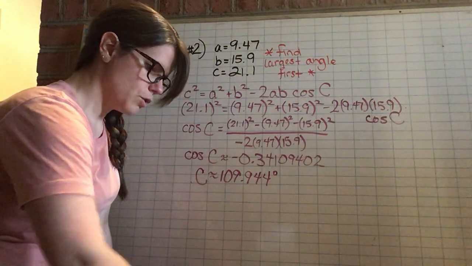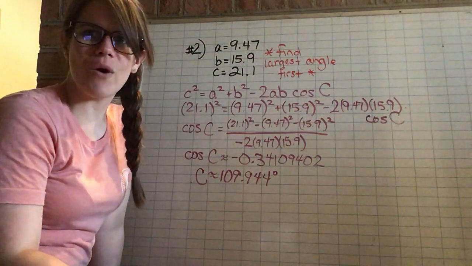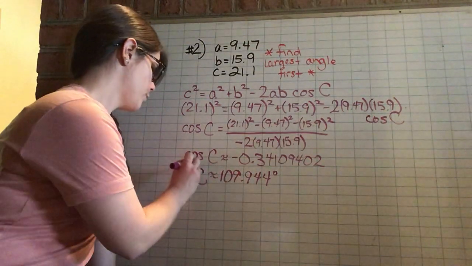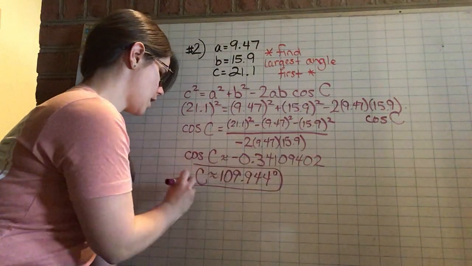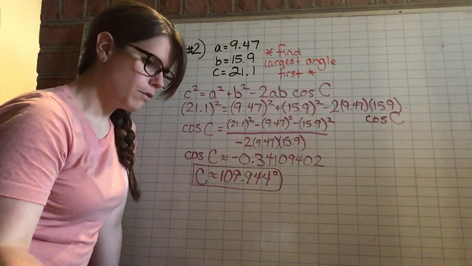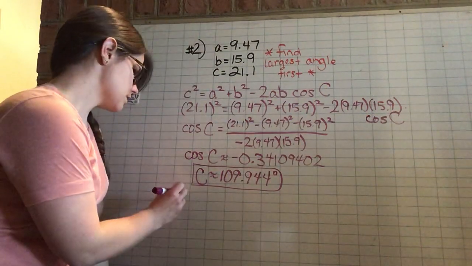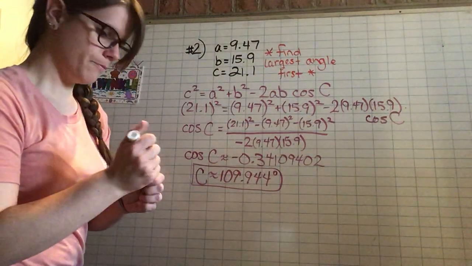So there is my obtuse angle in my triangle. Remember, you can only have one obtuse angle. So we solved for the biggest angle, and we got this. Just like the last example, now that I have the bigger angle, I can go through and use my law of sines because that's a lot easier.